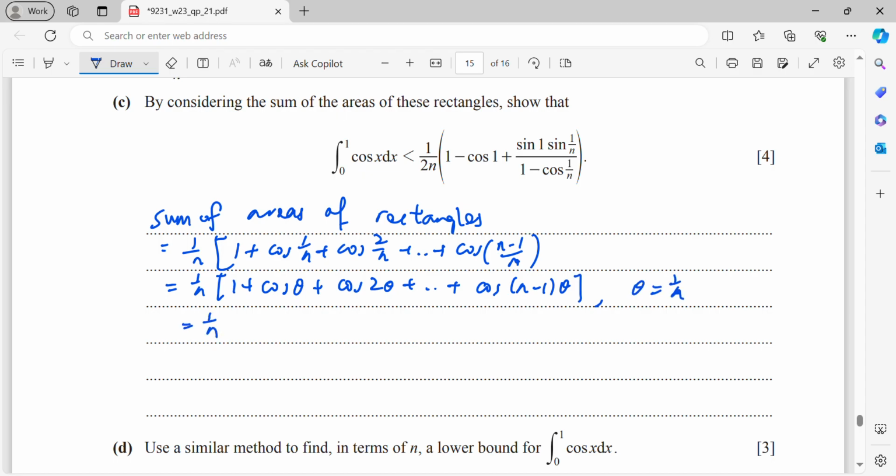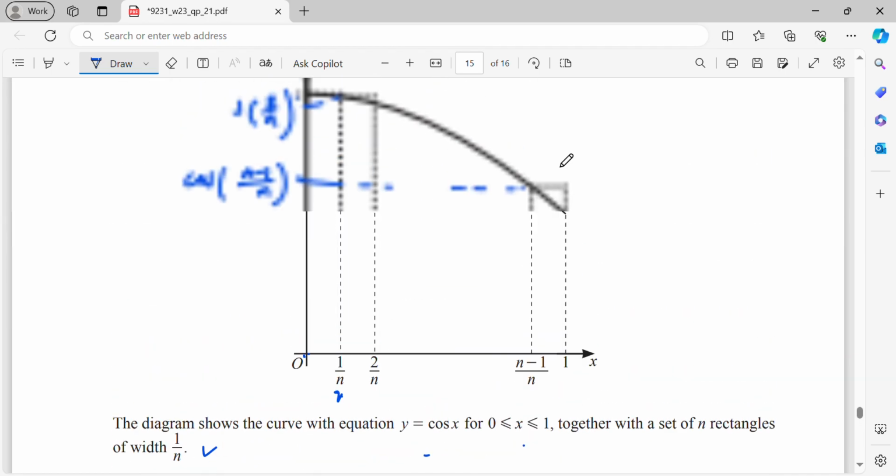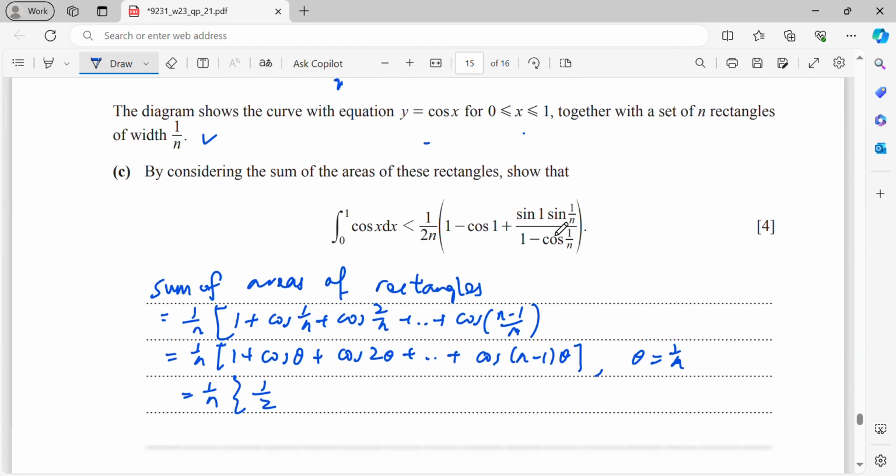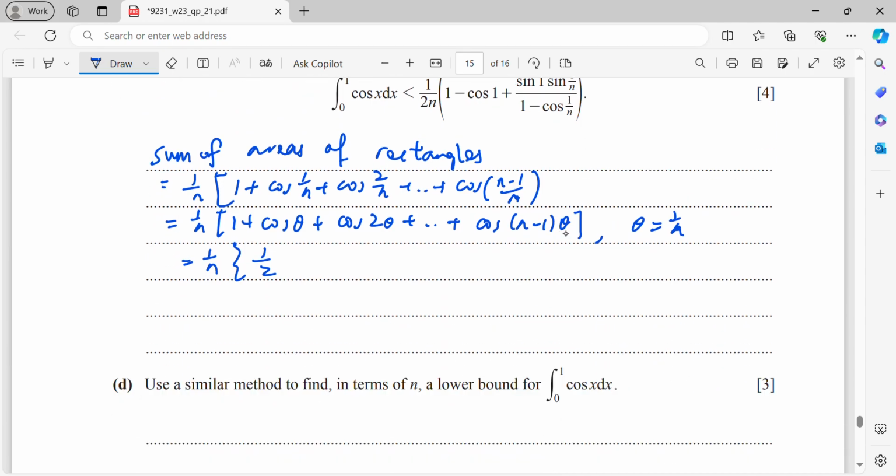It will be 1 over n of half. So you copy the answer from here. Alright, 1 over 1 minus cos n theta. So here I will write 1 minus cos n theta and then plus sin n theta over 1 minus cos theta.